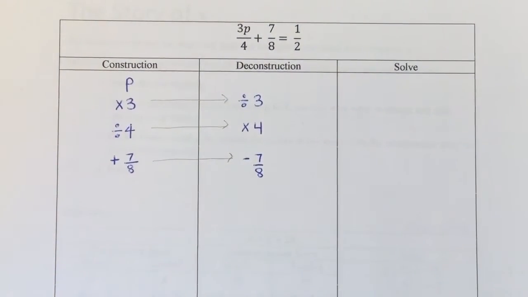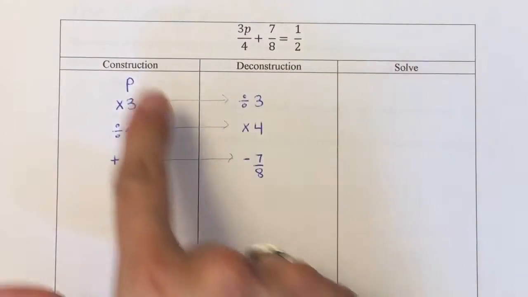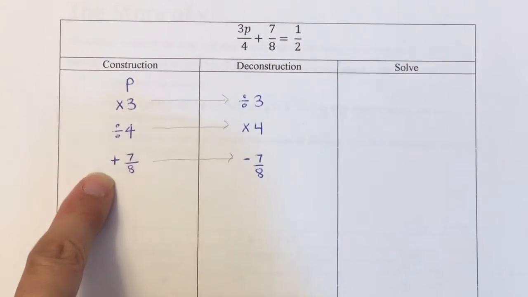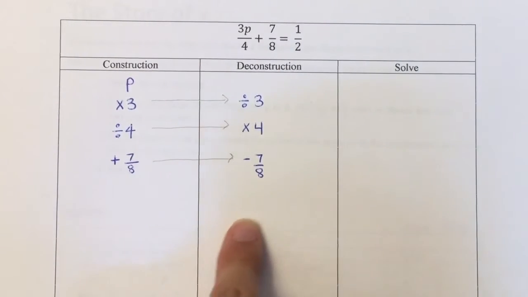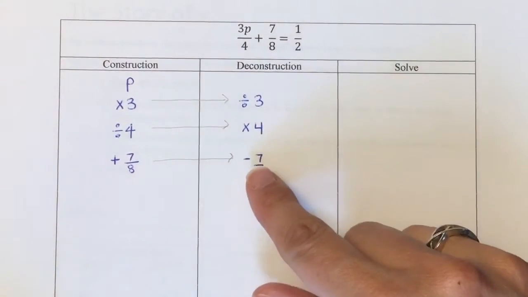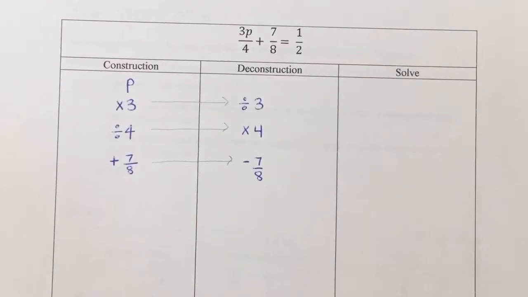When I set up this little table, which you'll do with your own equations, I set up a T, and I write down the operations that I see. On the other side, I write down the opposite operation, and then I work my way from the bottom up. As I do each operation, I check it off to make sure that I don't miss it or duplicate it.